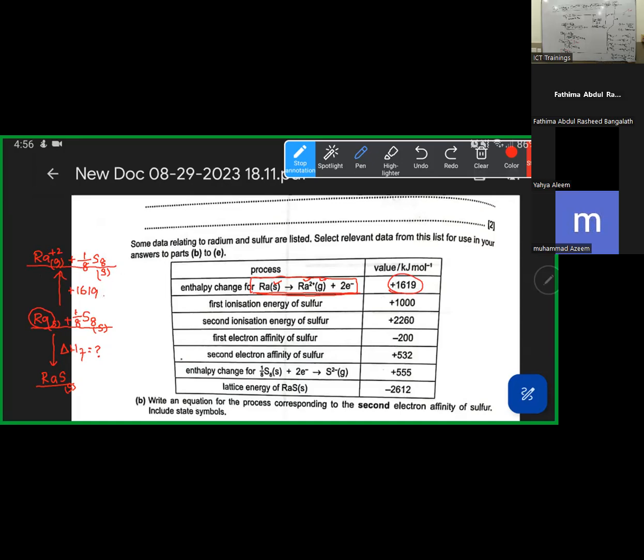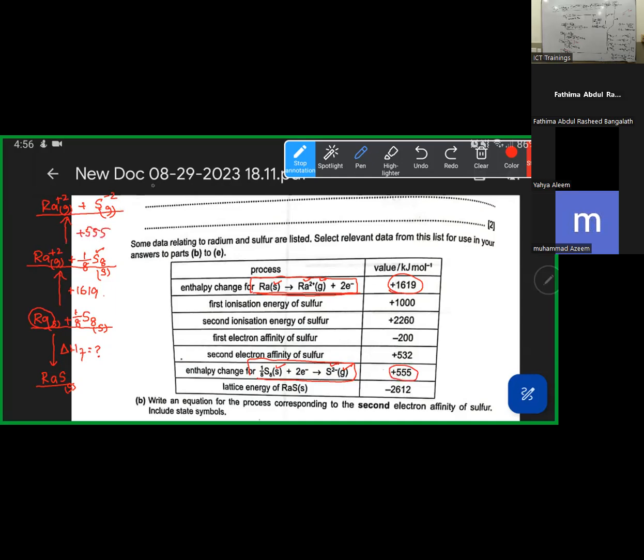Now if you look at this S8 in the equation, my dear students, this sulfur changed into a gaseous ion. So it's the sum of atomization, first and second electron affinity. So you should write Ra2+ as it is, and S2-, and this enthalpy change is +555.